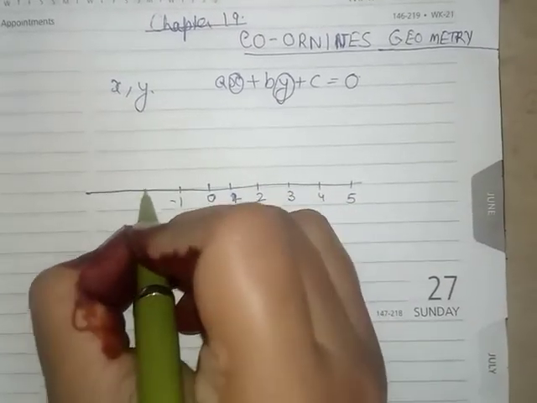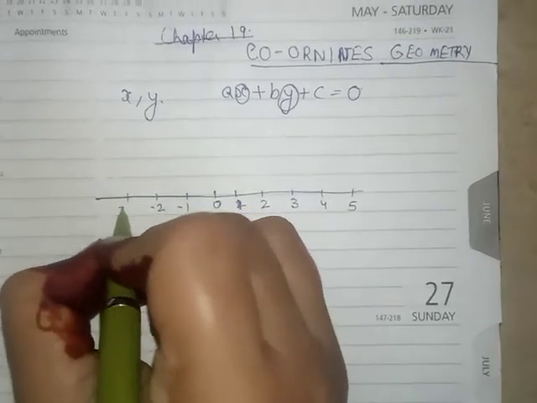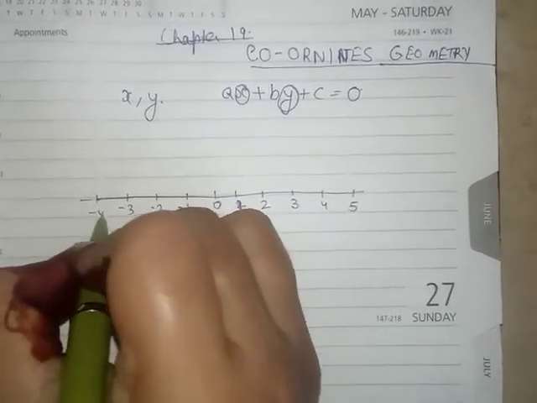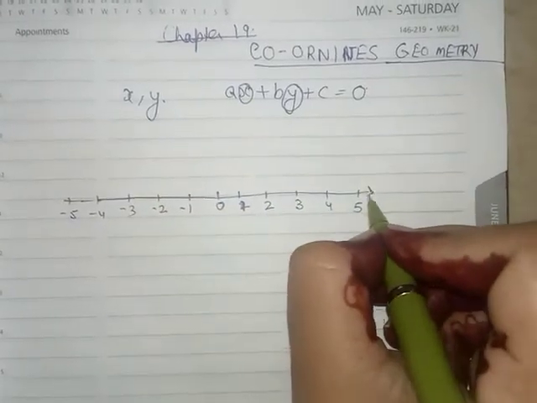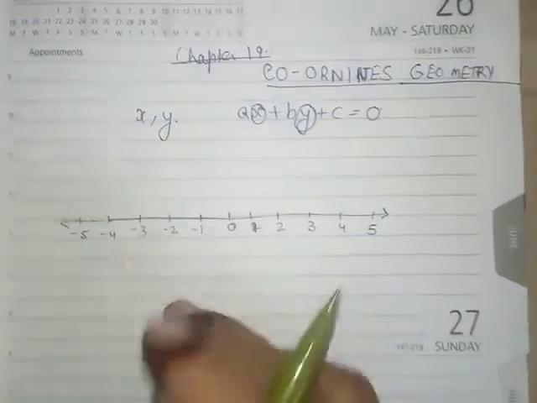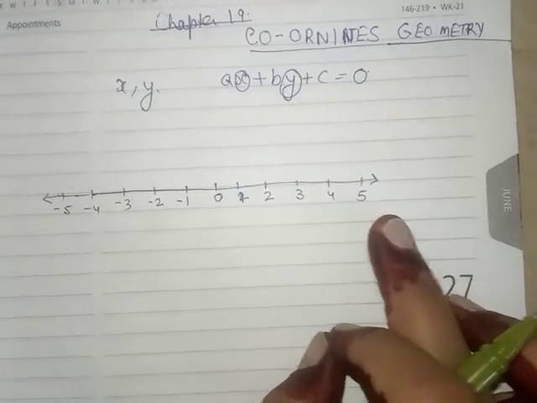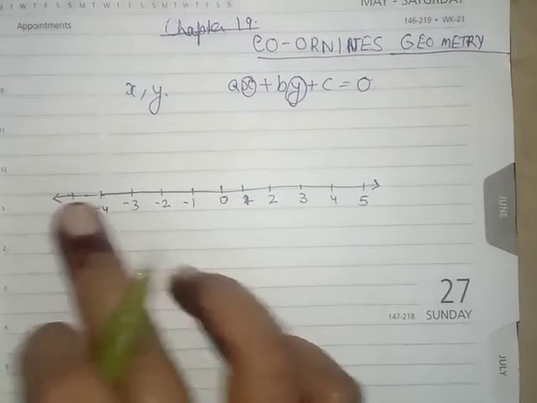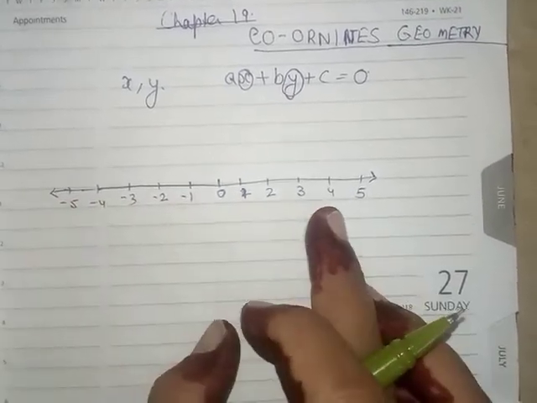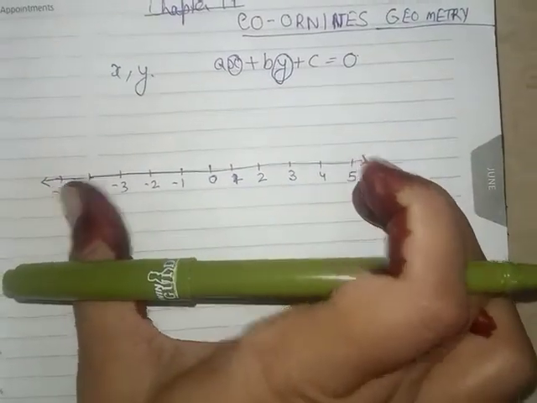Similarly, it will be -1, -2, -3, -4, -5. It is a number line. It can be expanded in both directions, in positive up to infinity, in negative side up to infinity.